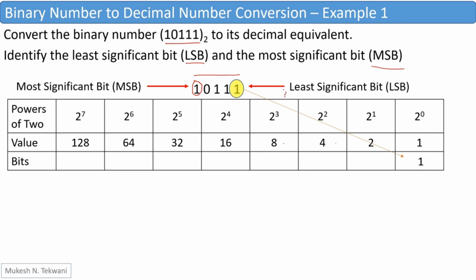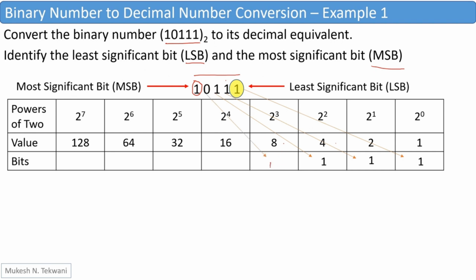The next bit in our number is 1. This is the bit with the next higher power, and therefore we now bring this bit to 2 raised to 1, that is 1. The next bit is again 1, that is copied under 2 raised to 2, that is the value 4. So this bit has the weight of 4. The next bit in our number is 0, which is written under 2 raised to 3.